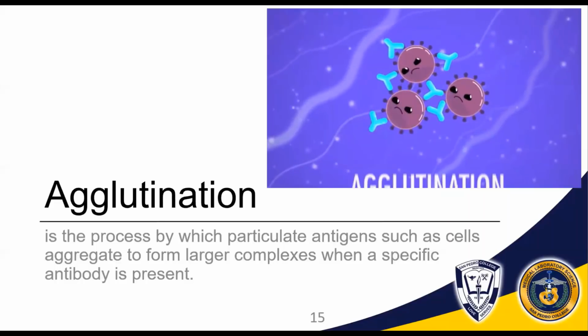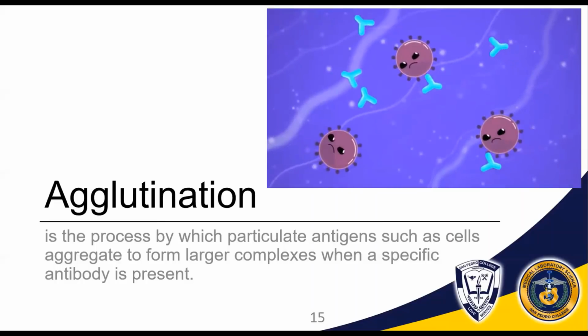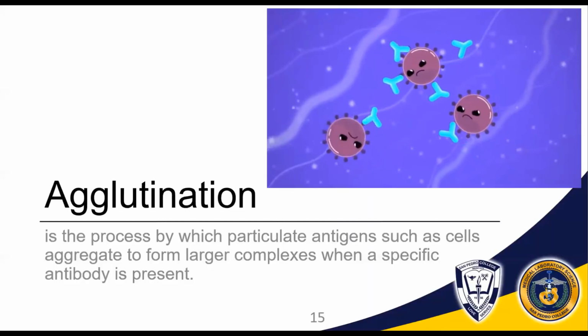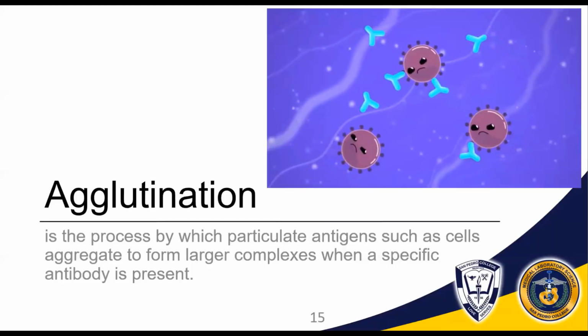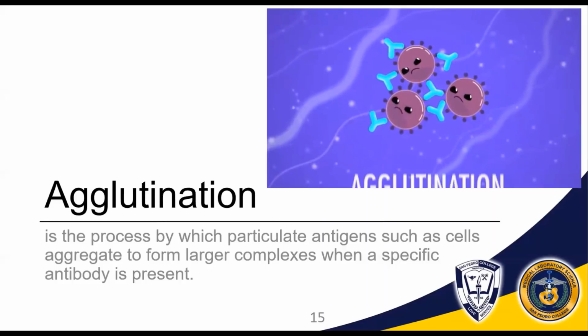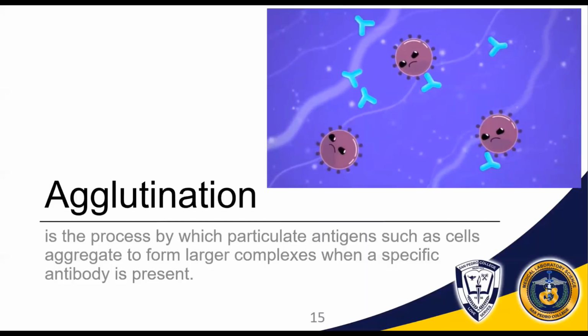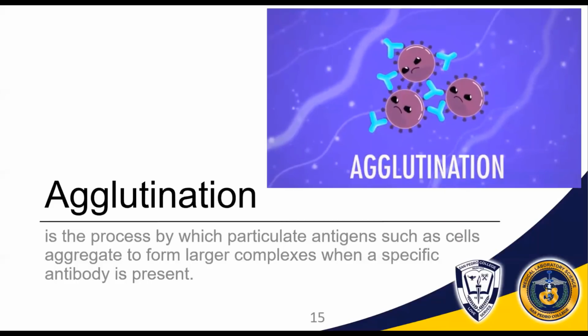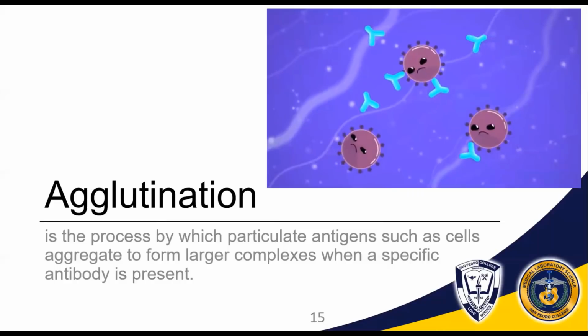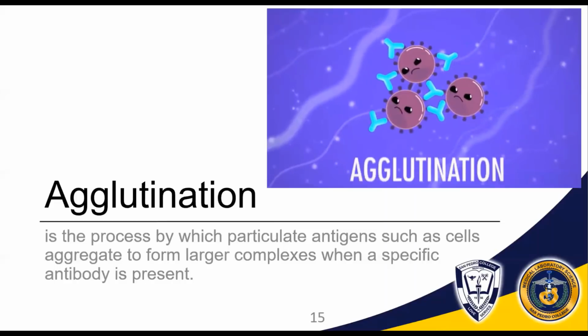Now, when it comes to detection of streptococcal antibodies, class, anti-streptolysin O and anti-DNase are actually the most common. But before we proceed with the discussion of ASO, allow me to briefly discuss agglutination. You will actually have a more detailed discussion about agglutination in your lecture sa finals, no?